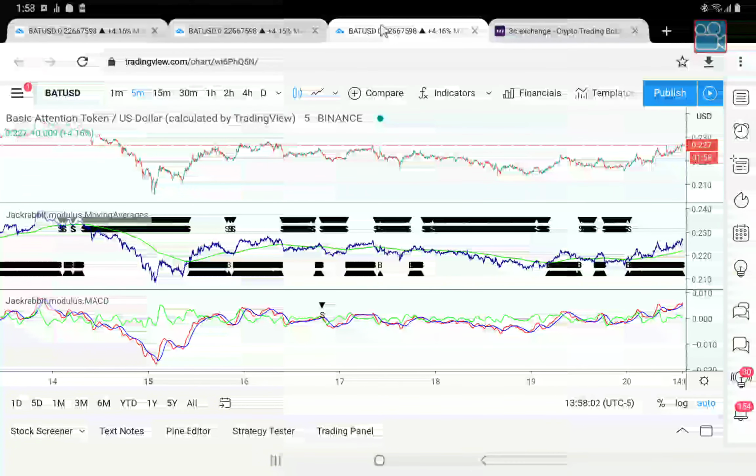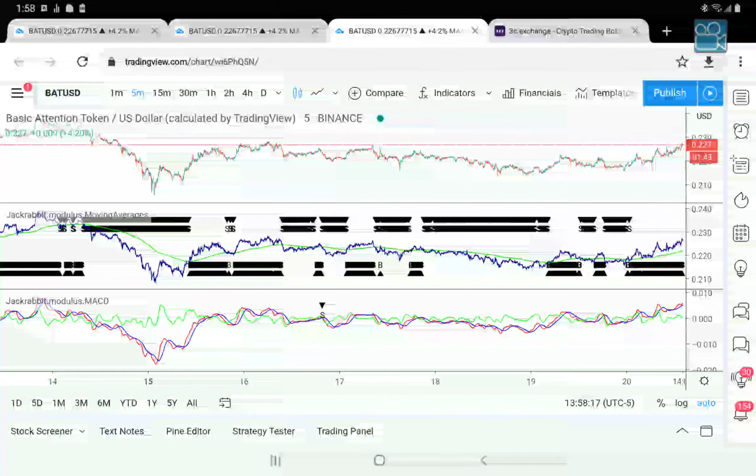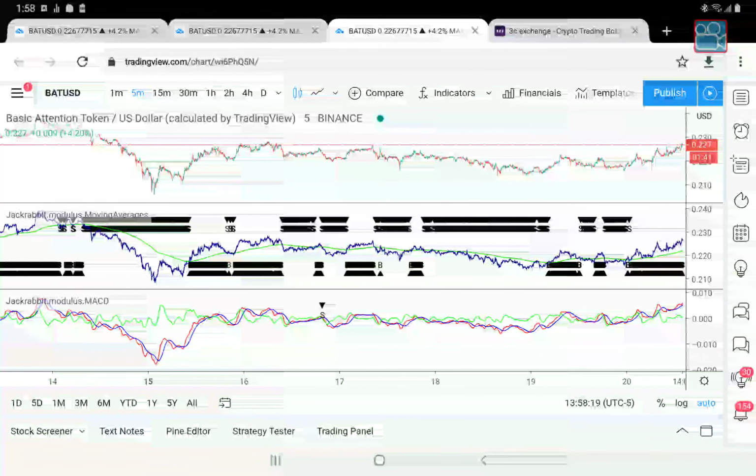Version 3 is an exact replica of the original algorithm, and it needed to be extensively tested because it uses a very advanced feature in Jackrabbit called signal inversion.